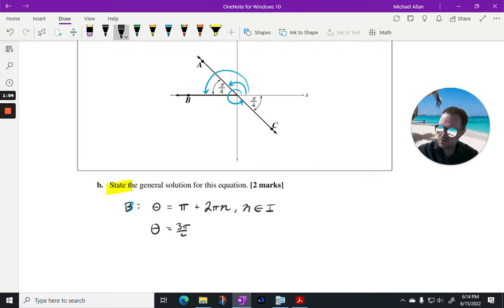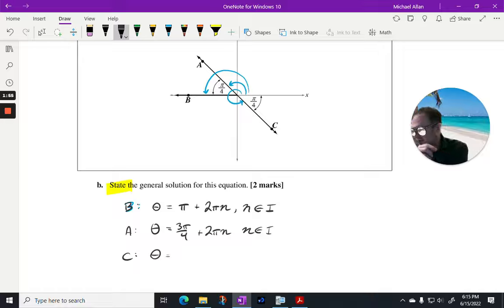So you can go 3 pi over 4 plus 2 pi n, n an integer. That's for A, right? And C, you can say that this is 5 pi over 4. 315, right? Because it's 45 less than 360. And that is 7 pi over 4, my bad. So 7 pi over 4. So I'm not going to use negative pi over 4.